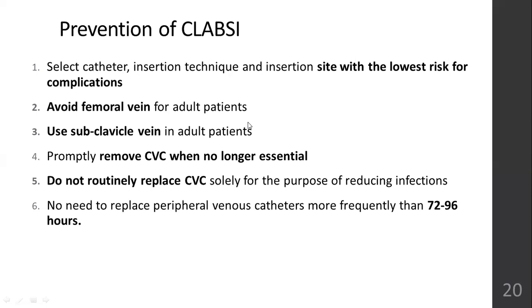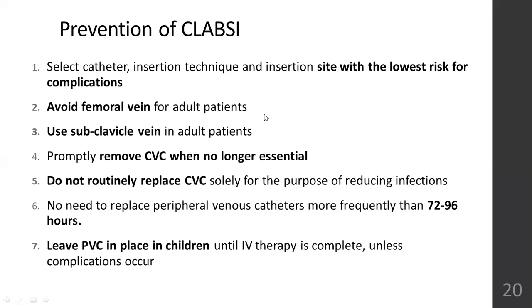No need to replace the peripheral venous catheter more than every 3 to 4 days. Every 3 to 4 days, you can replace the peripheral venous PVC lines, okay, not the CVC, PVC. But for kids, you can leave it in place as much as possible, even beyond 4, 5, 6 days, because it is very difficult to find the veins in kids and they move a lot.